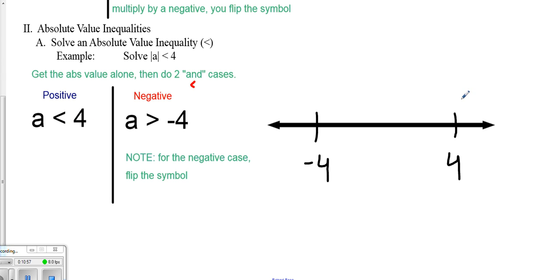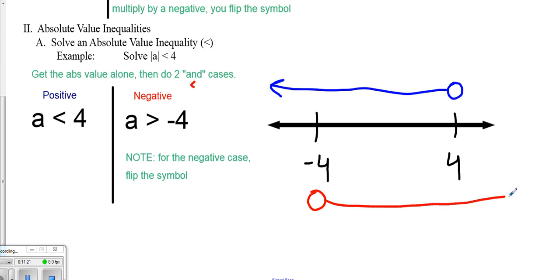Not less than or equal to, so we have to do an open circle. Less than that, so everything below this one. For our negative one, we had a is greater than, not greater than or equal to, just greater than negative 4. Since it's not or equal, it's an open circle. Greater than means everything above it.